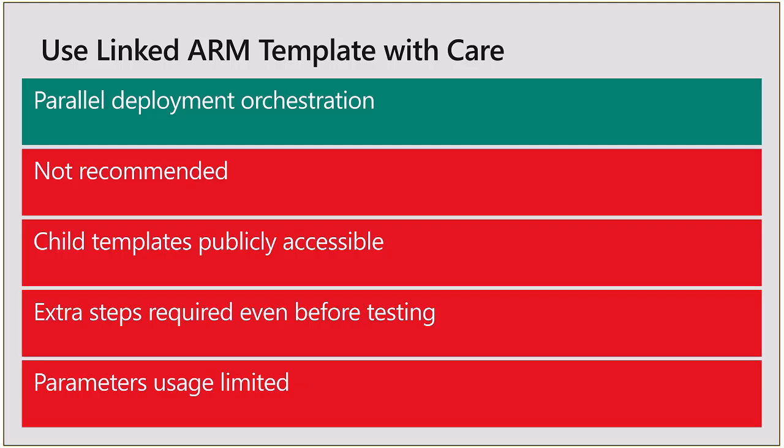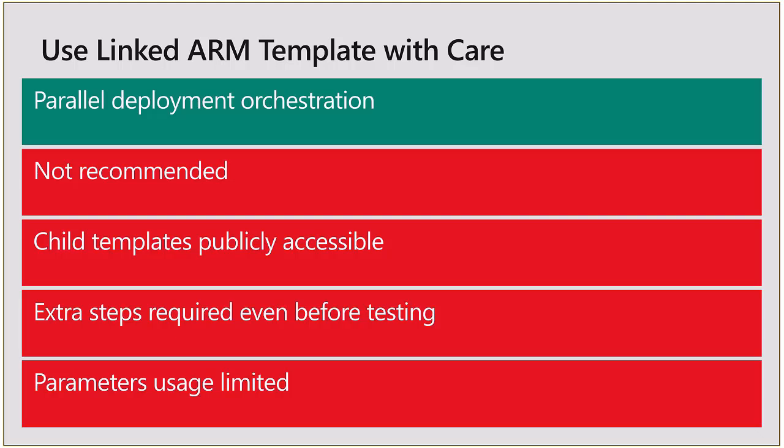So in that case, we can't use the parameter file with the linked ARM template. However, for individual template deployment, we can use both parameter file and parameter object at the same time. I think this is a drawback.